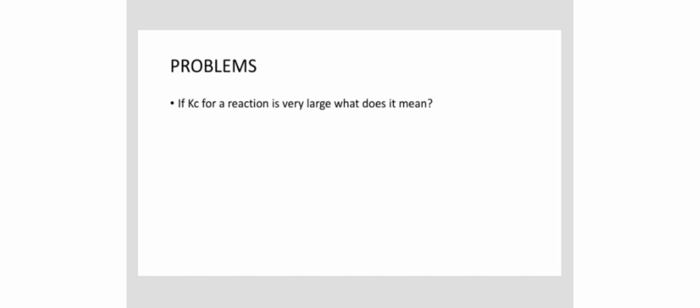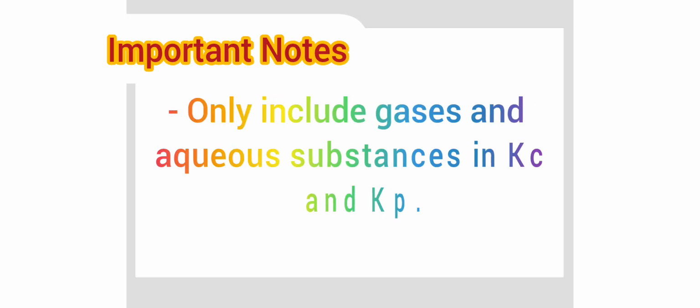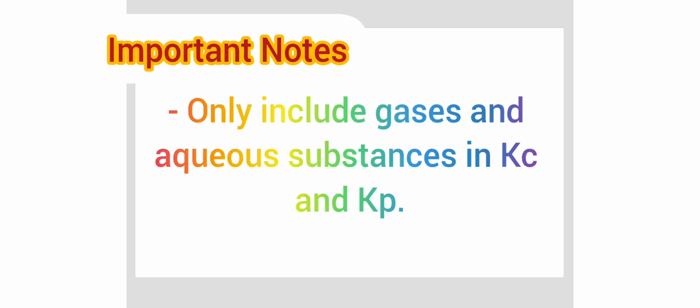So this is all about chemical equilibrium. Now the important notes that we should know is only include gases and aqueous substances in Kc and Kp, and solids and pure liquids are not included. Coefficients become powers.